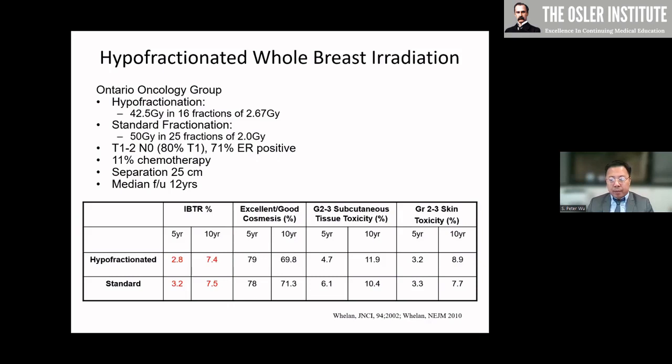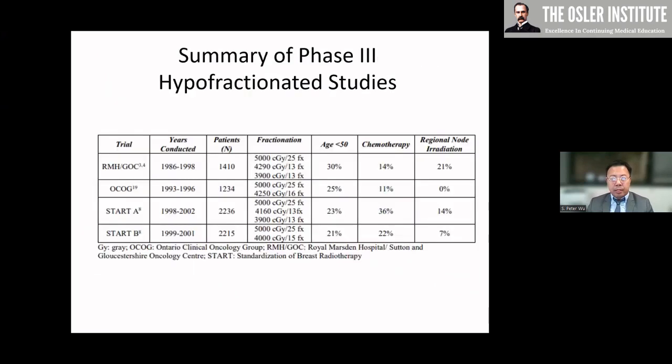And they again found very similar toxicities, ranging from slightly higher grade 3 tissue toxicity to slightly better cosmesis, but these are all statistically indistinguishable from one another. And thus, as a summary of several phase 3 studies, this is the Ontario Clinical Oncology Group, OCOG.